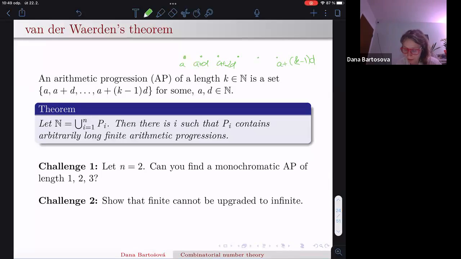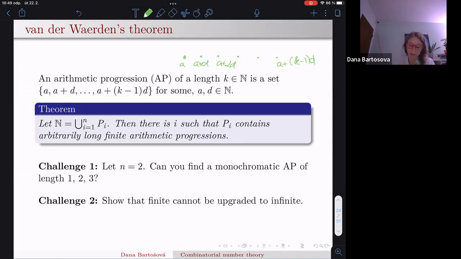You can, of course, define also infinite arithmetic progressions, but it turns out that this is too much to ask. If I have a finite partition of natural numbers, then one piece of the partition has to contain arbitrarily long finite arithmetic progressions, but we cannot get an infinite one.